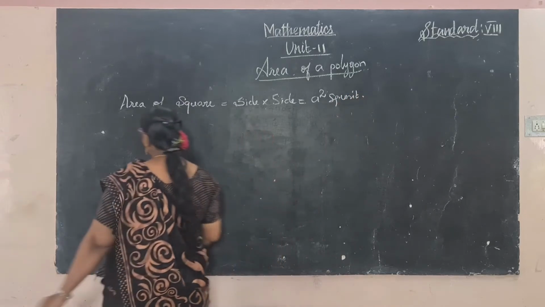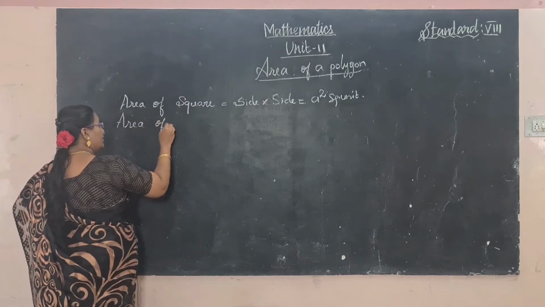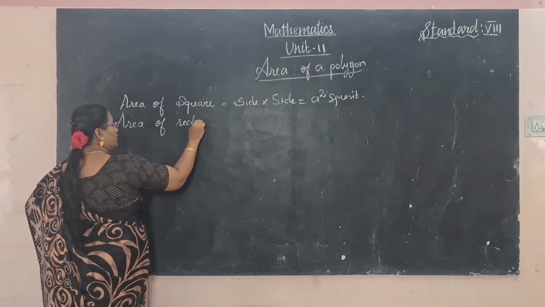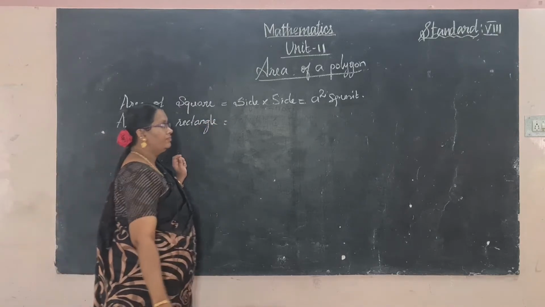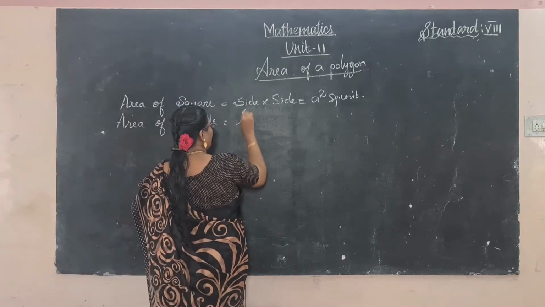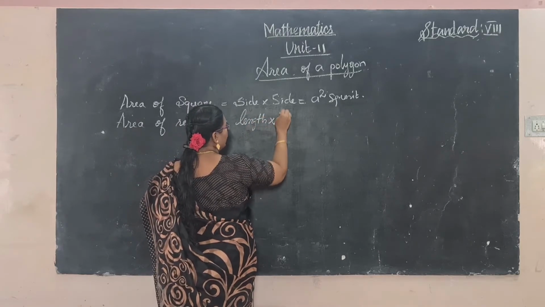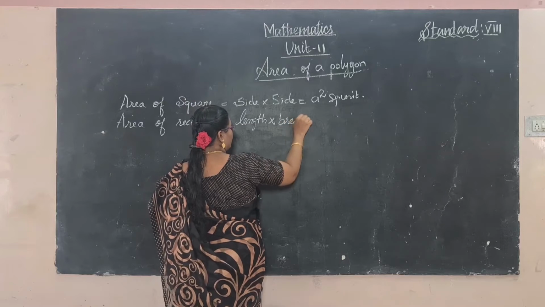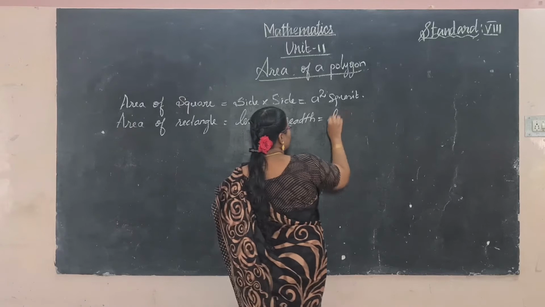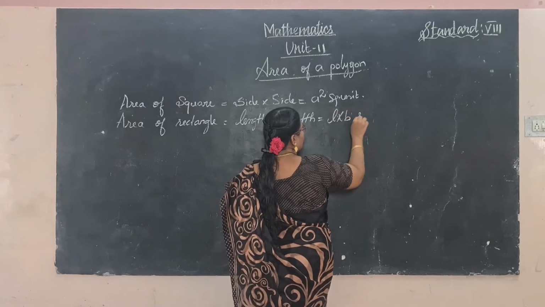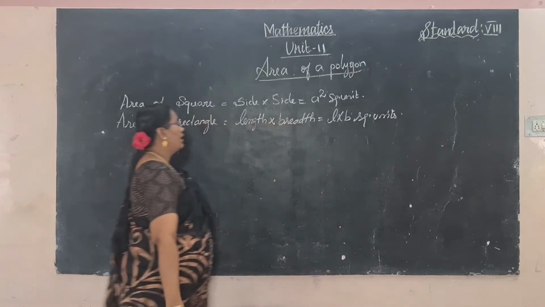Okay, and then area of the rectangle. Area of the rectangle, length into breadth. Length into breadth means L into B square units. Okay, right.